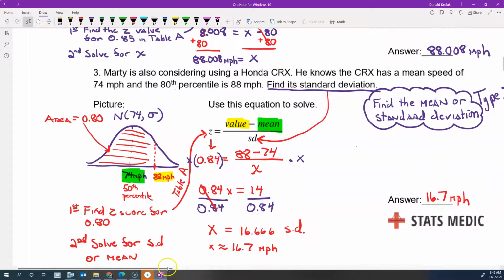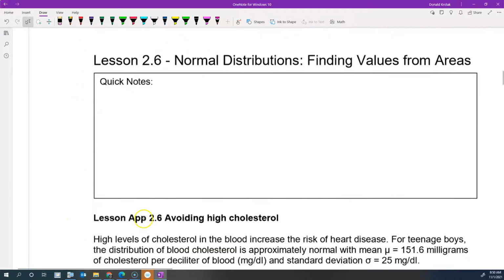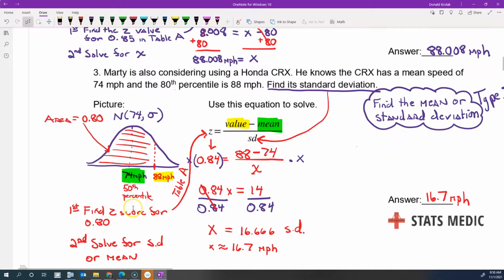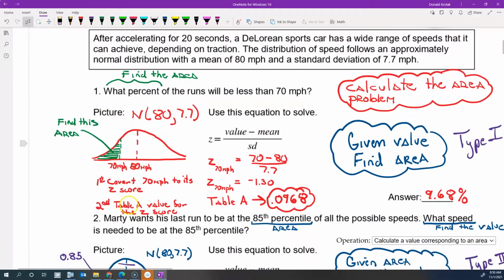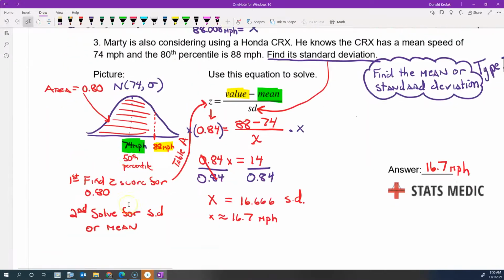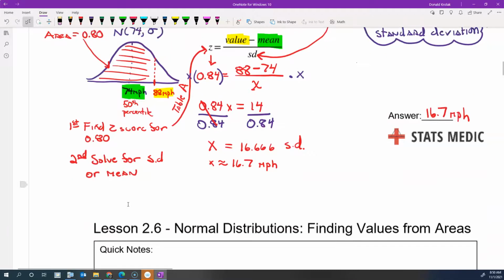So there's the three different types of problems that you got to know how to do. Now what we'll do next is just summarize what you had to do right here where it says quick notes. We'll just write down how do you go about doing these types of problems.